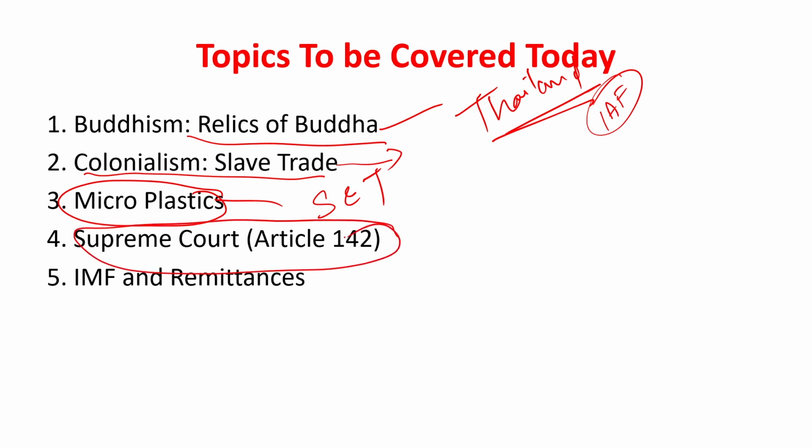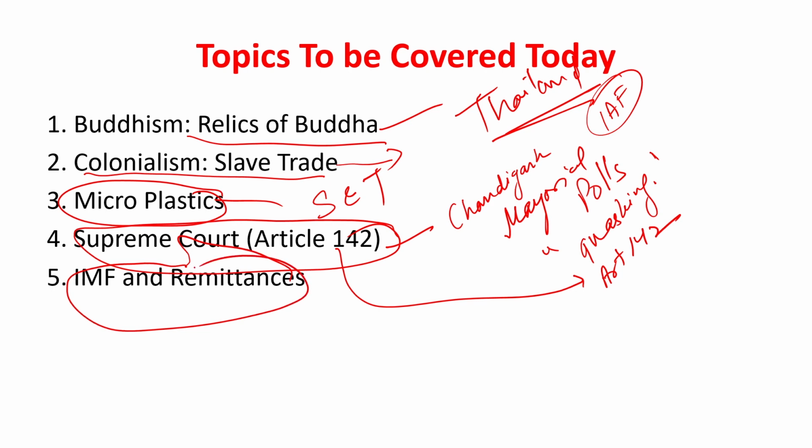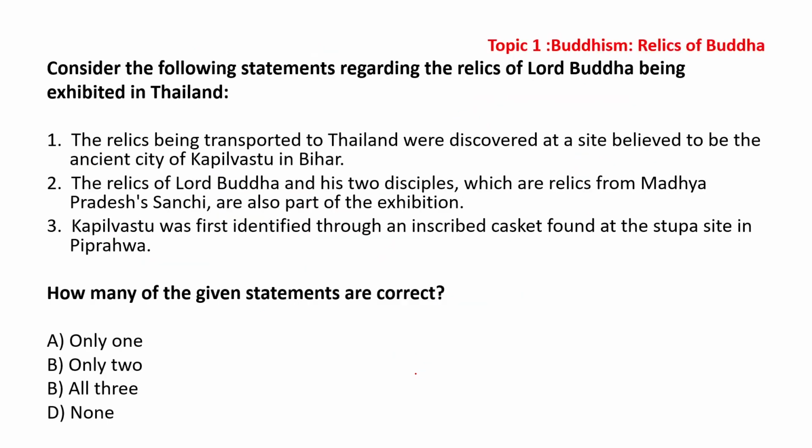The recent Supreme Court ruling on the Chandigarh mayoral polls, the elections to the post of mayor that were conducted, and the quashing of those elections by the usage of Article 142, and the issue of IMF and the remittances. So let us quickly move on to the very first question.